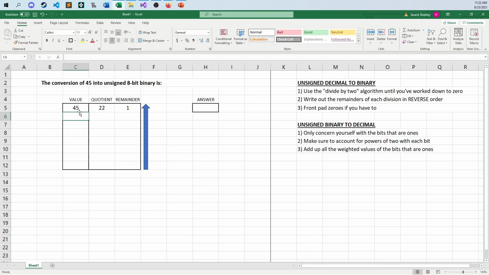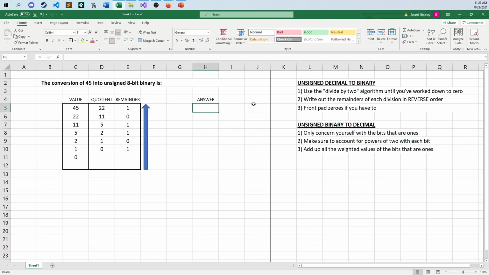So then I bring this number down, and now I do it again. 22 divided by 2 is 11 remainder 0. 11 is 5 remainder 1. 5 is 2 remainder 1. 2 is 1 remainder 0, and 1 is 0 remainder 1. And that is step 1. I've exhausted everything because now this is a 0. There's no reason to continue because 0 divided by 2 will always be 0 remainder 0. But now what do I do? I write out everything in reverse order.